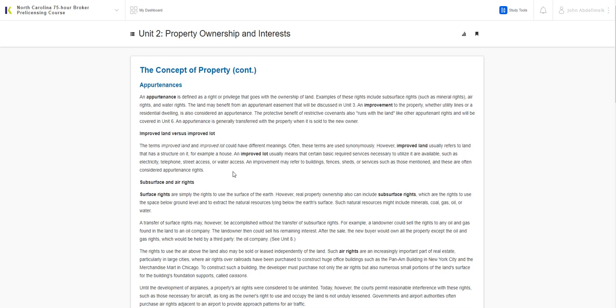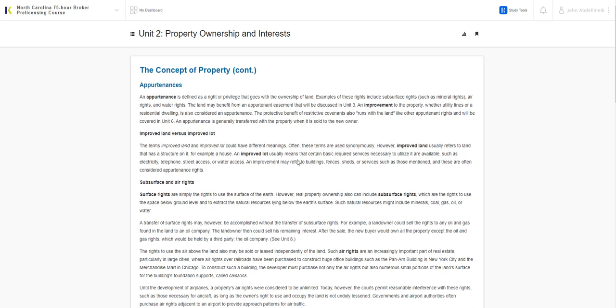So now we're going to get back into the appurtenance. Appurtenance is that thing we were talking about earlier. Let me write that down. This is a real weird word that just doesn't have a natural meaning, so it's one of those memorize-it words. It is defined as a right or privilege that goes with the ownership of land.